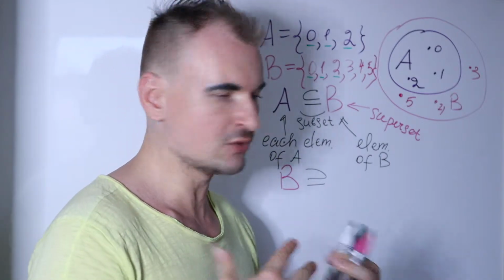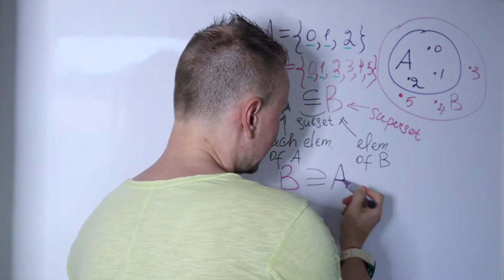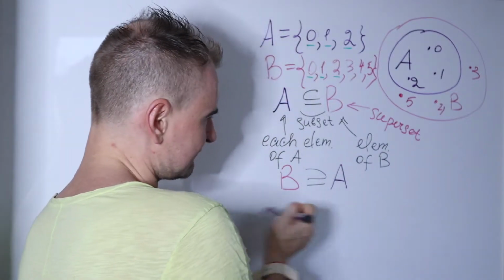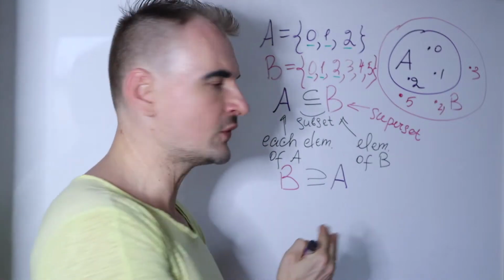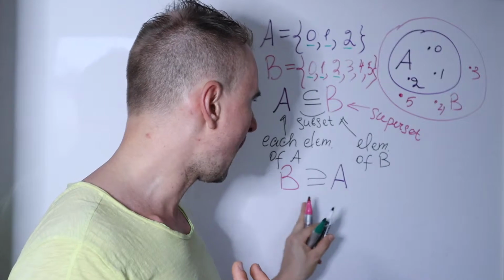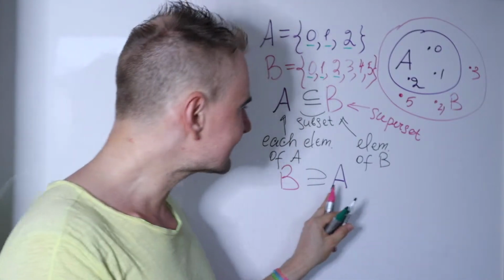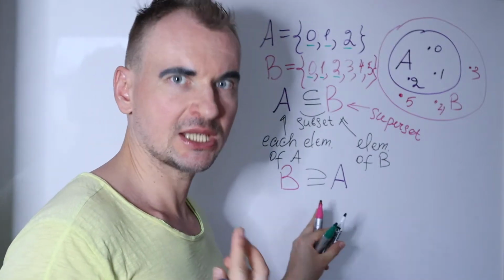This is the inclusion symbol, and you would write A over here. From that perspective, you would say that B contains A, or B includes A. So A is included in B.